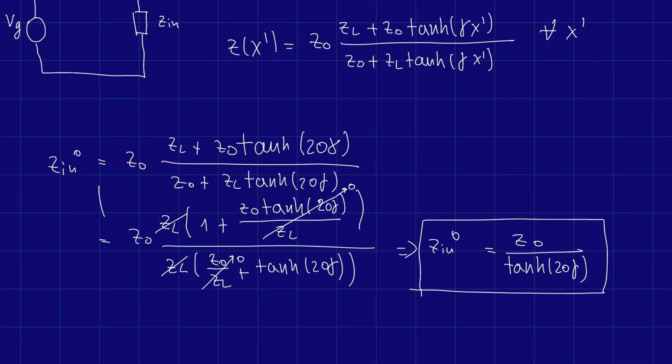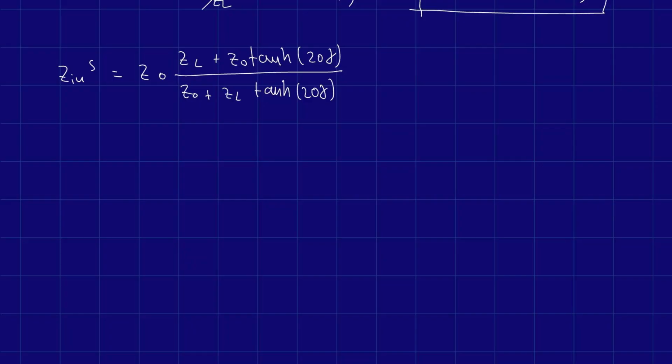Now we can do the same thing with Zin-S when there's a short circuit. I just wrote the formula, and instead of Z(x'), I substitute Zin-S. It's the same exact procedure, and here ZL is 0 because it's a short circuit, and a short circuit is basically a wire with no resistance.